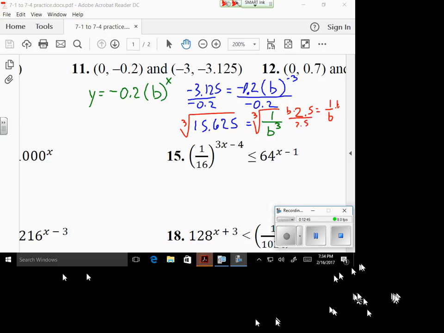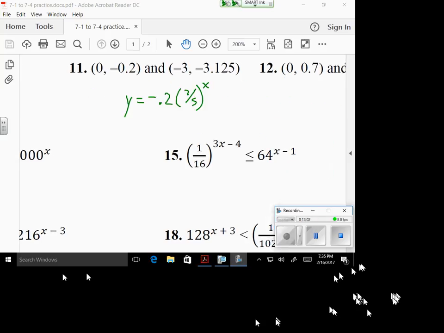We get b equal to 1 over 2.5, which is the same as 2/5. So our equation would look like y equals negative 0.2 times 2/5 to the x.